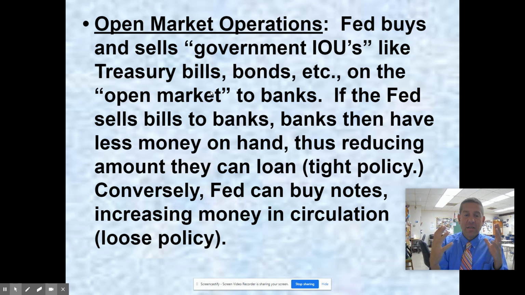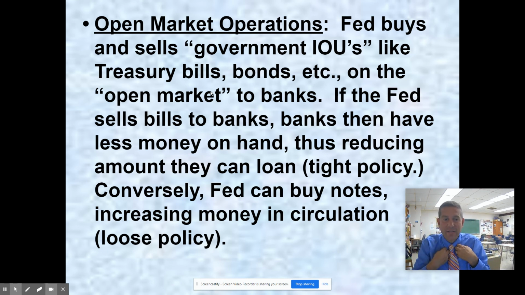The Fed has in its portfolio all of these bonds, T-bills, T-notes. The Fed has lots of government debt. If it takes that debt to the bond market and sells it, hey, bond market, take this, we'll sell it for cheaper today than yesterday. We'll create demand for it by lowering price, whatever it is, right? But if the Fed is selling debt on the bond market, well, if you have an item and you sell it in the marketplace, you take that cash.